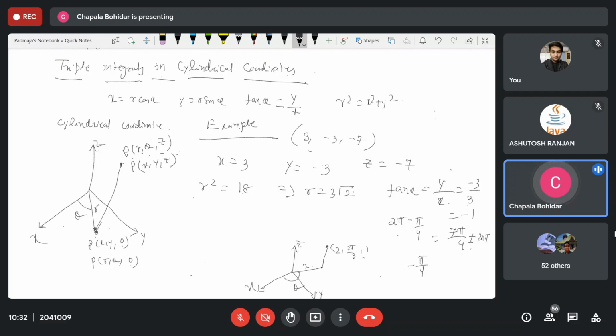That is also okay. So here I can write down my value in cylindrical coordinate, that is 3 root 2, 7 pi by 4 or also minus pi by 4 or any value, by choosing the value of n. Then your z is equal to minus 7. Okay.